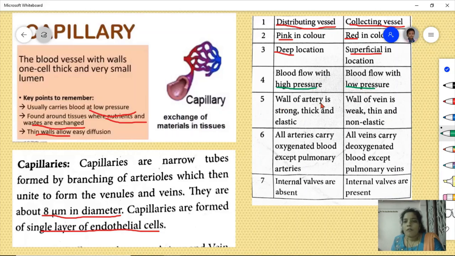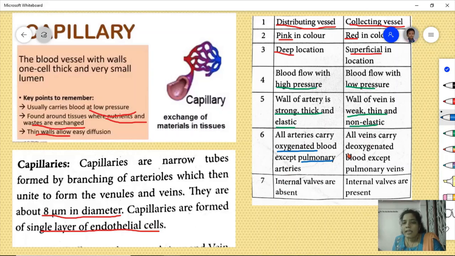The fifth one is the wall of an artery, which is strong, thick and elastic, whereas the vein wall is weak, thin and non-elastic. The next point is that all arteries carry oxygenated blood except the pulmonary artery, which carries only deoxygenated blood.